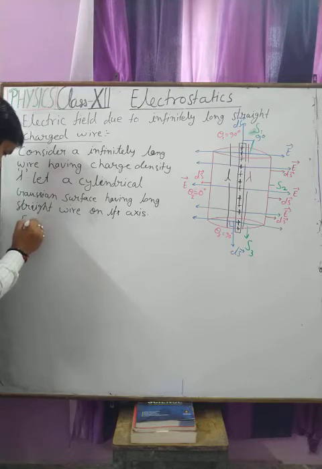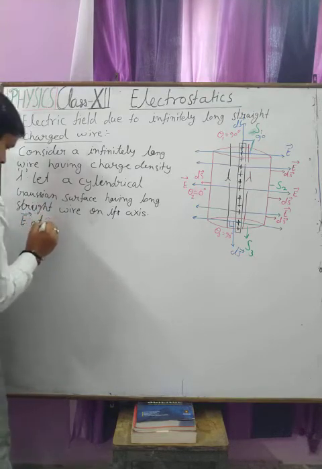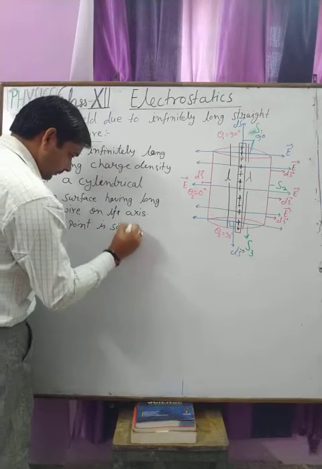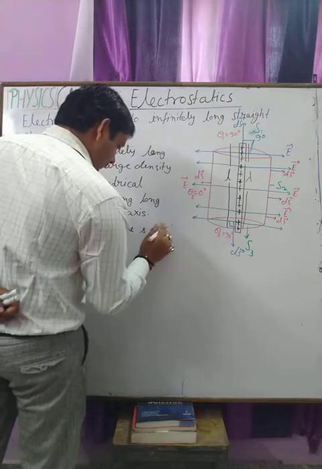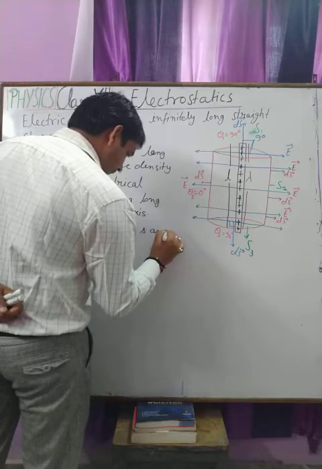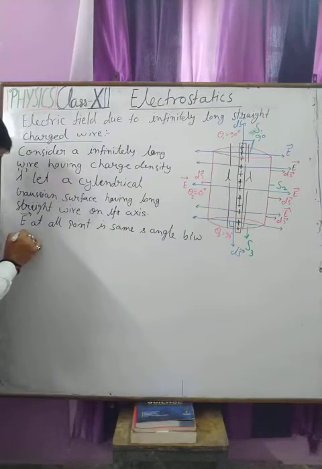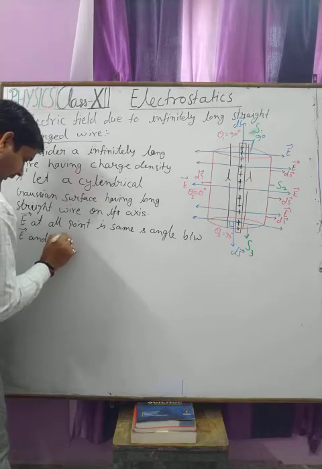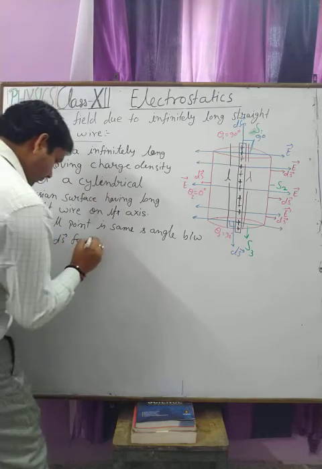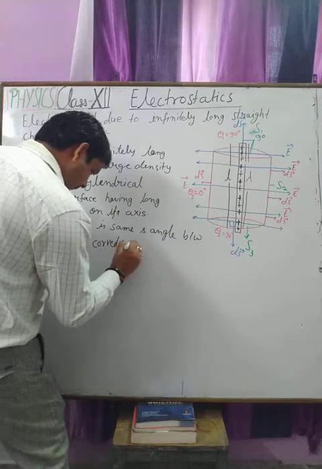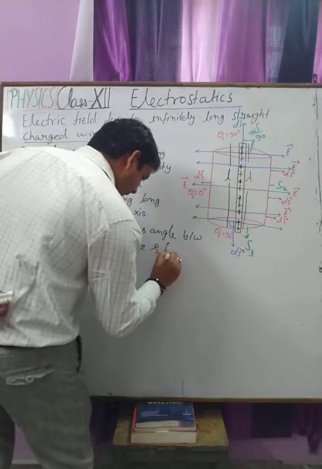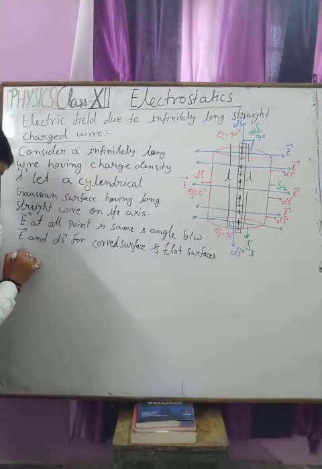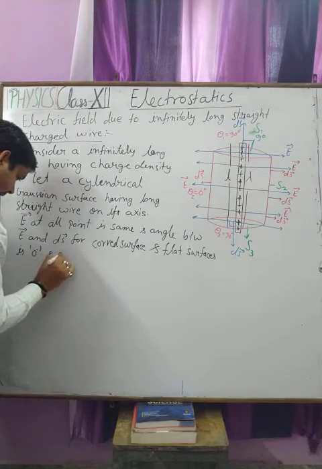Electric field at all points is the same and the angle between electric field and area vector for curved surface and flat surfaces is 0 degree and 90 degree.